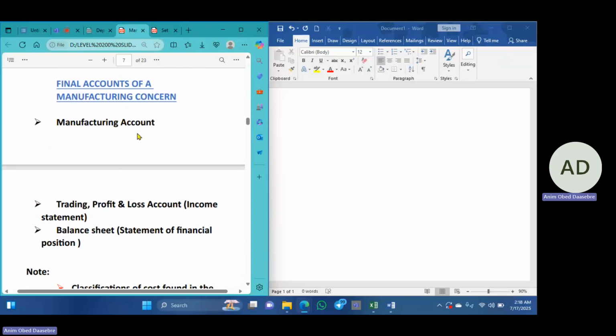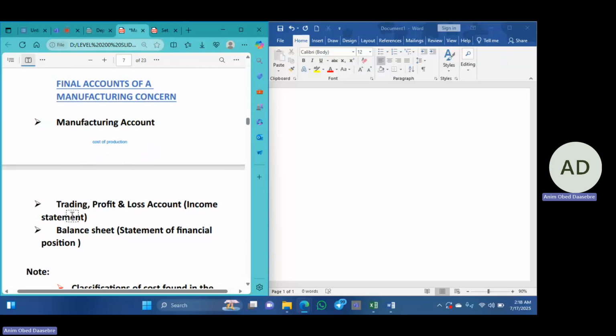The purpose of preparing this manufacturing account is to find the cost of producing the product, the cost of production. That's the main reason why we prepare manufacturing accounts, to ascertain the cost of production.